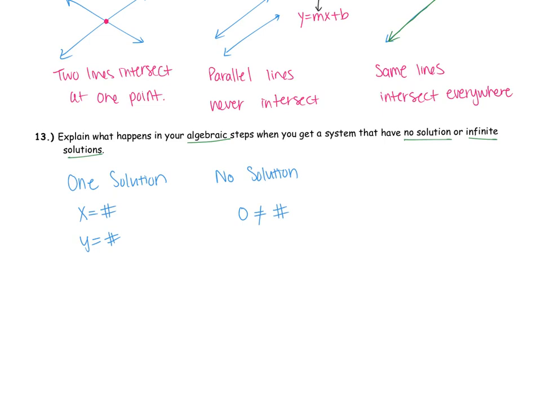And then the last one is infinitely many solutions, like one of the examples that we saw earlier in the first page, where everything cancels and both sides end up being 0. So 0 does equal 0. If this is the case, then you have infinitely many solutions. It's saying that, because they canceled out perfectly, they must have been the same lines. So that means there are infinitely many solutions.